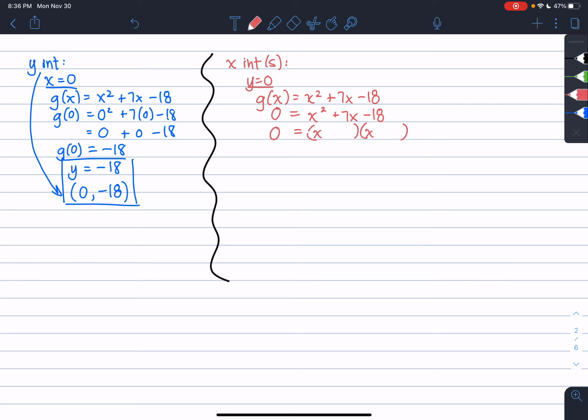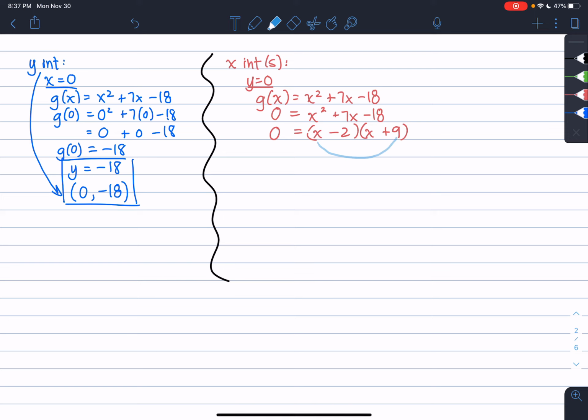I'm leaning towards 9 and 2 because 9 times 2 will give me 18. But which one will be negative? How about this? Negative 2, positive 9. Let's check that.